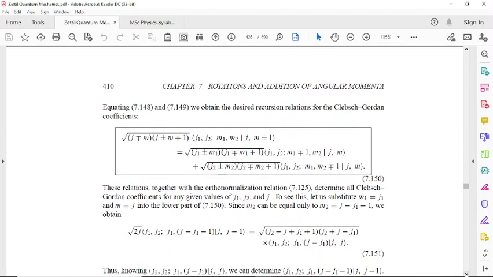this relation. And finally we will get the recursion relation for the Clebsch-Gordan coefficient as square root of (j minus or plus m)(j plus or minus m plus 1) <j1 j2 m1 m2|j m plus or minus 1> equal to square root of (j1 plus or minus m1)(j1 minus or plus m1 plus 1) <j1 j2 m1 minus or plus 1 m2|jm> plus square root of (j2 plus or minus m2)(j2 minus or plus m2 plus 1) <j1 j2 m1 m2 minus or plus 1|jm>.